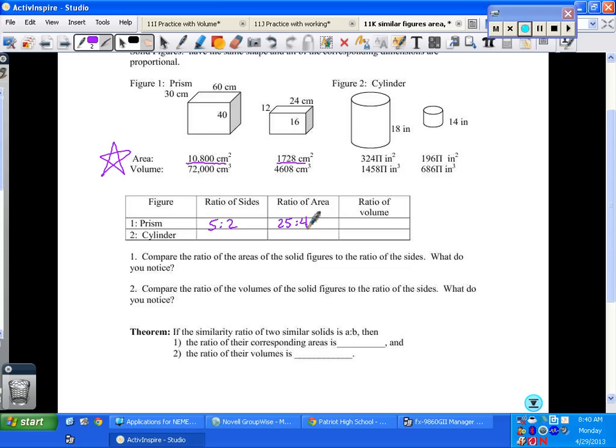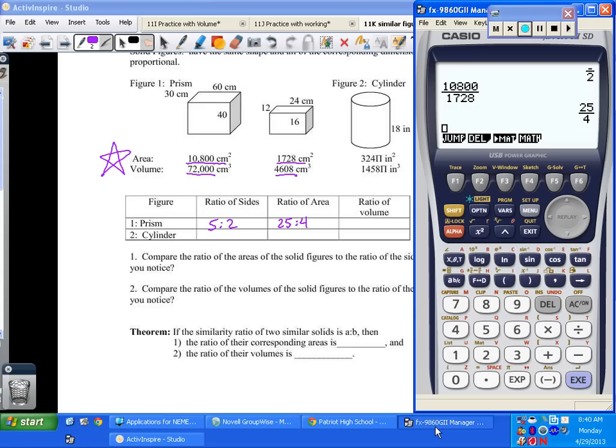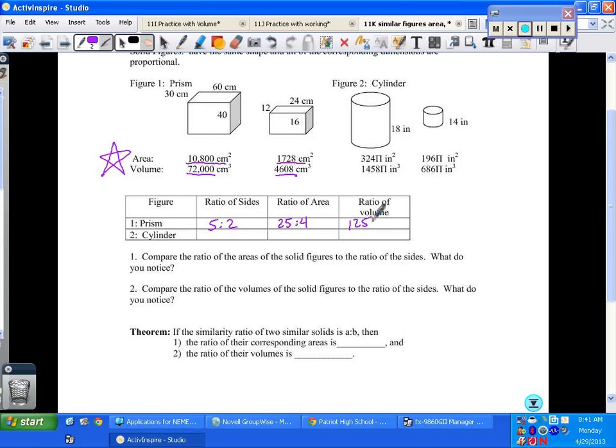And then the ratio of the volumes, that's 72,000 and 4,608. So 72,000 over 4608. I reduce that and I get 125 over 8. So 125 to 8.